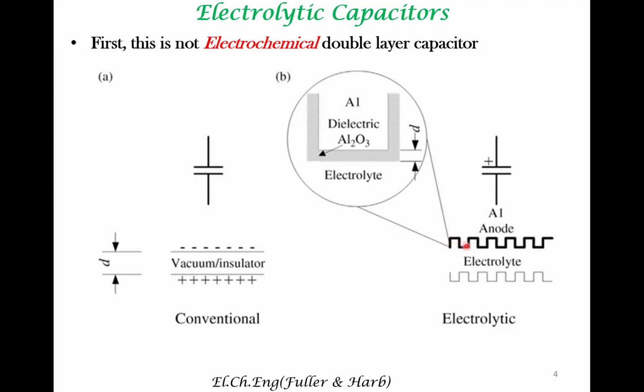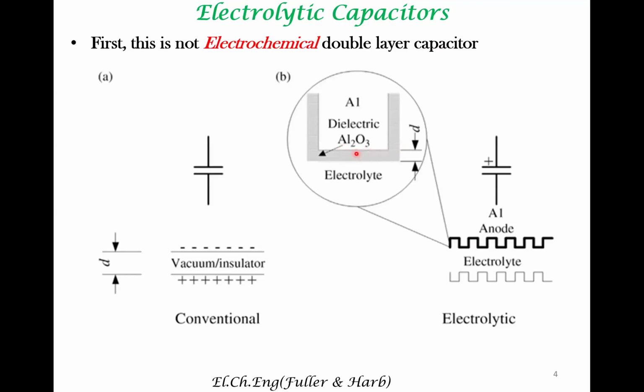So here, the anode of this anodized aluminum is shown. So what do you mean by anodized aluminum? You have aluminum metal. On the surface of aluminum metal is aluminum oxide. Alumina covers the surface of metallic aluminum. This provides the dielectric constant.